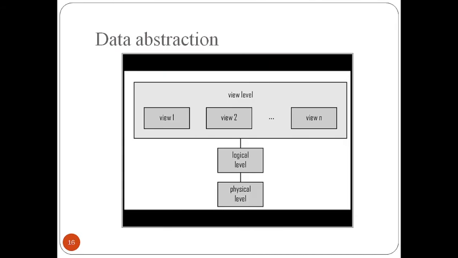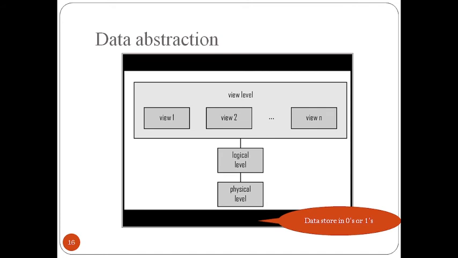In the database management system, how is the data abstracted? These are the different views maintained by the database management system to provide access, or we can say the data abstraction levels of the database management system. The first is the physical level, where the data is stored, how the data is actually stored and in which format.